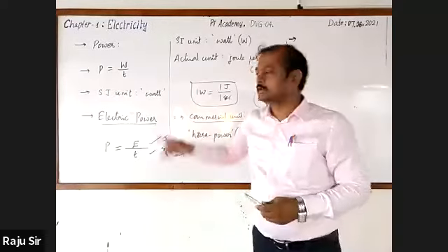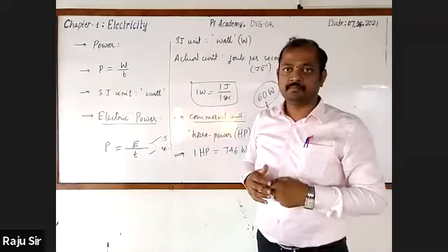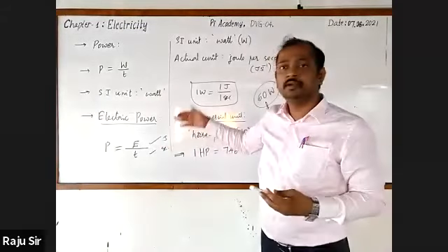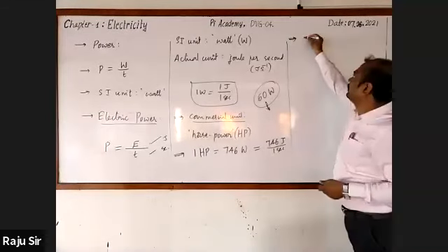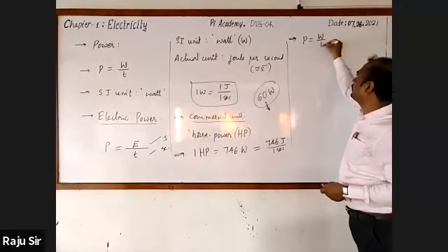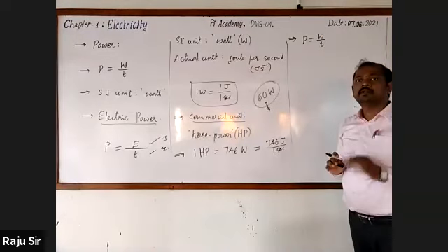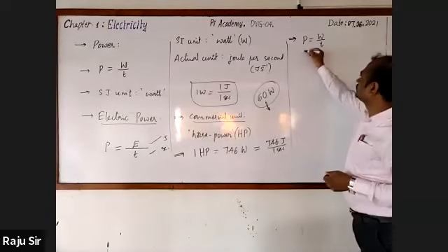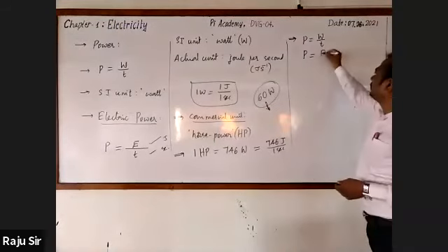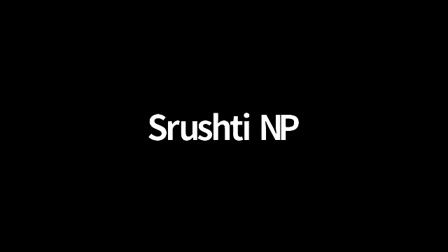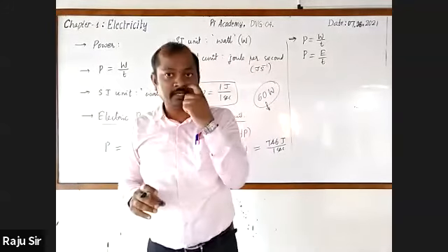Dear students, this electric power can also be expressed in different ways. Power, we know one formula, it is W by T. Another one, just we have come to know, it is E by T. It can also be expressed in other physical quantities.